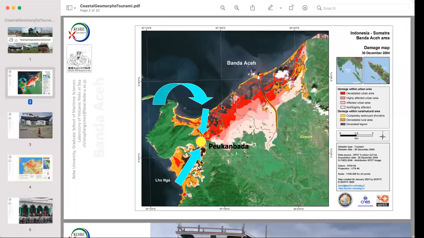A lot of people compare this tsunami to the Tohoku tsunami in Japan, but in Japan we had fewer population, so an estimated 20,000 people died, but in Banda Aceh and Lhoknga area alone, we are more around 200,000 people, so 10 times more. And not because we have better engineering or anything in Japan, but because we had a lot of people on the coast there.